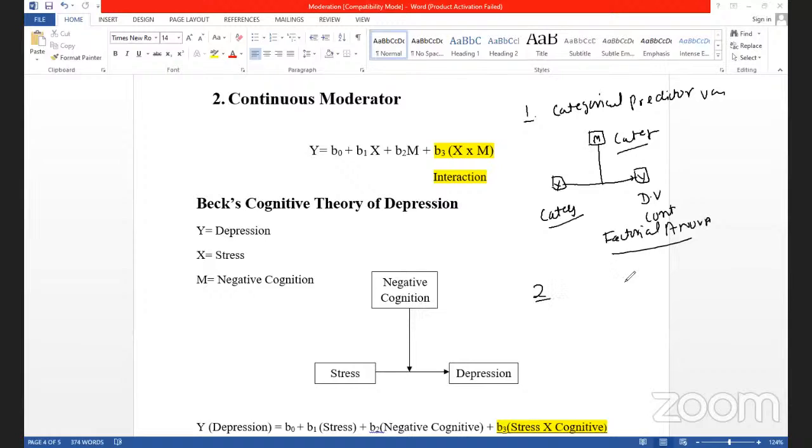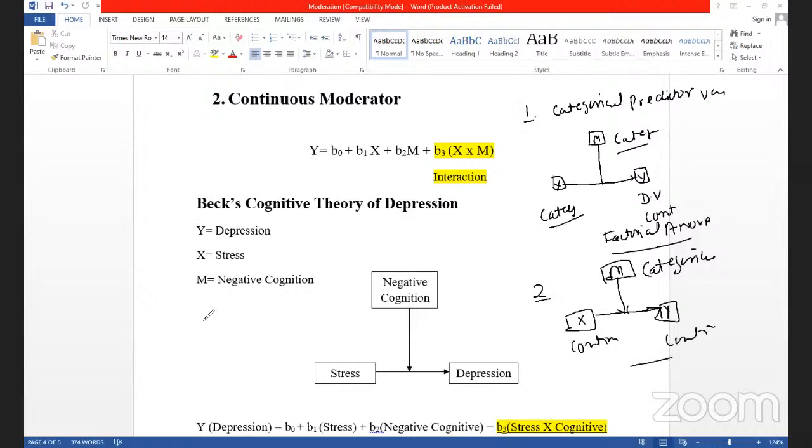Second case, I used the two variables y and x, and then this is the moderator variable. It means it is categorical and continuous and continuous.